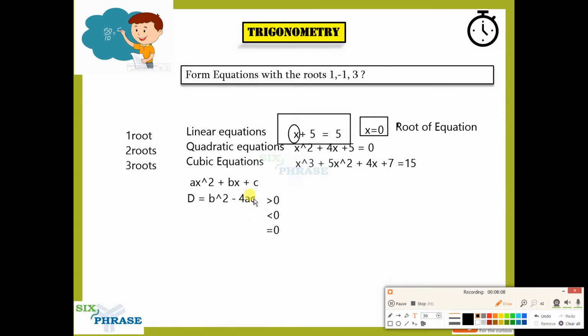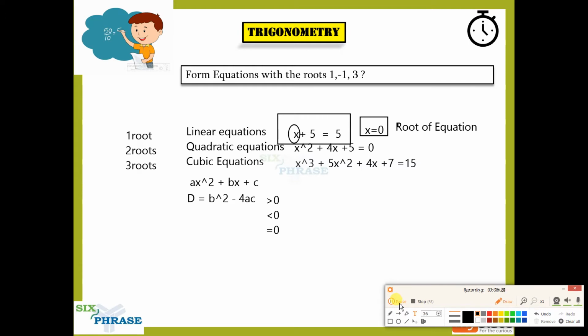Now depending upon this, if it is greater than 0, then it says something about the roots. If it is less than 0, again it says something about the roots. If it is equal to 0, it says something about the roots. We'll see what it says. So when it is greater than 0, guys, it means we have two distinct roots. Distinct meaning different.